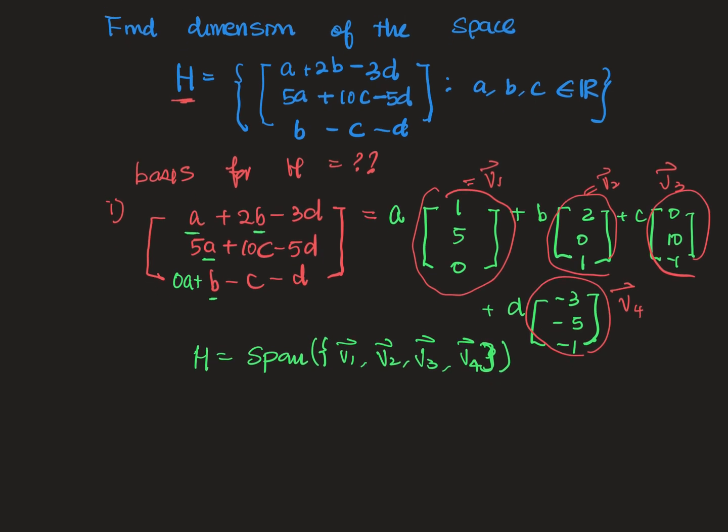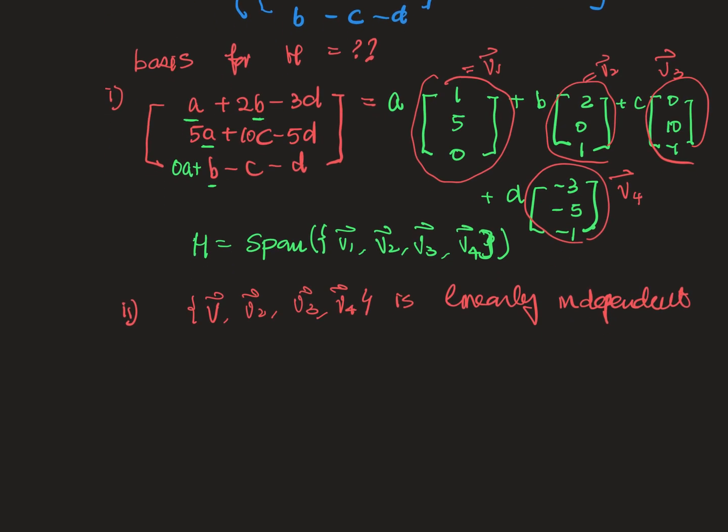Second part, what you have to prove is, first, H is the span of the 4 vectors. Second, we have to show whether these are linearly independent or not. In the previous chapter we had a lot of theorems to show whether these 4 vectors are linearly independent or not.